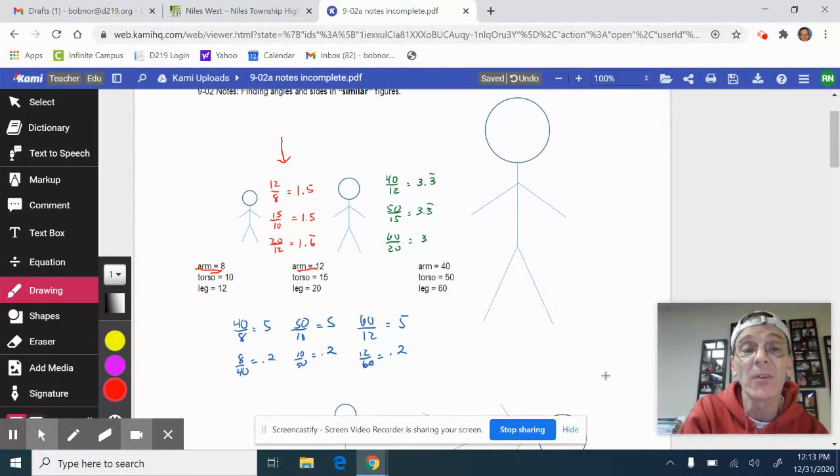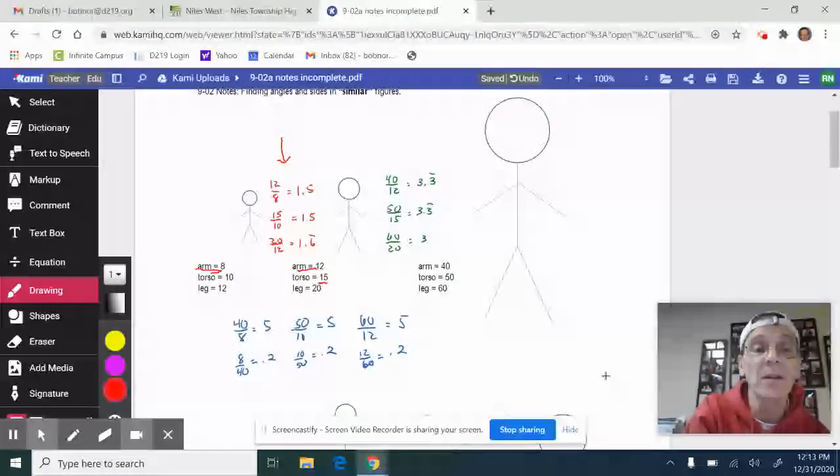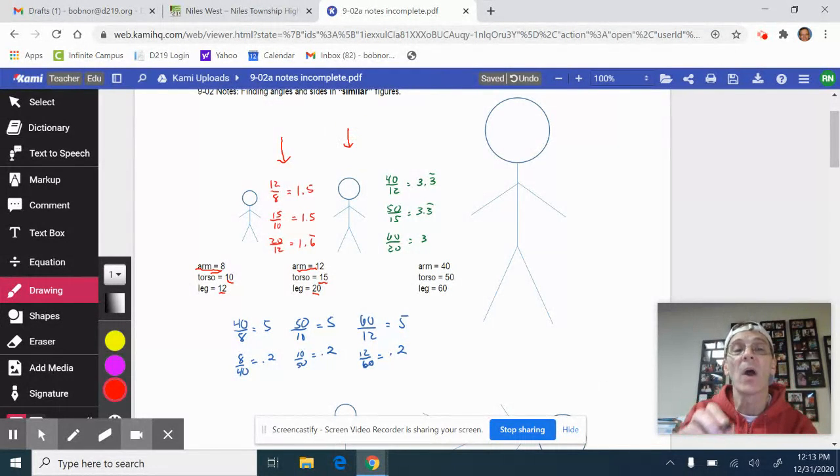And then by doing the other corresponding length divisions, I see that each measure of the stick figure in the middle is exactly 1.5 times as long as the corresponding length from the first stick figure.